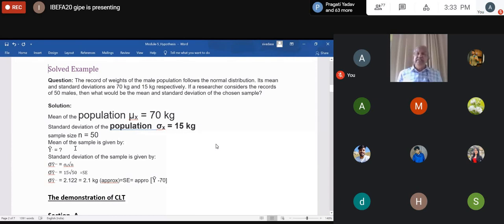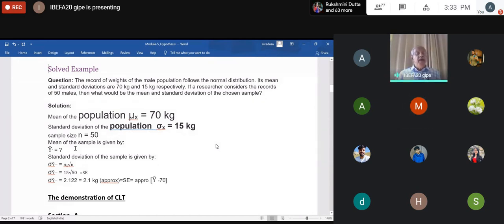Is this question the same as our section A? Yes, sir, it is quite similar. Yes. There the variable is marks, here it is weight. There we have 1000, here we don't know how many. Here we are given average 70, standard deviation 15. Sample size there 20, here 50.